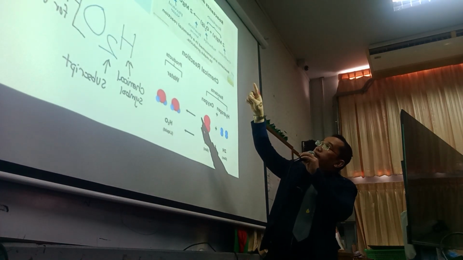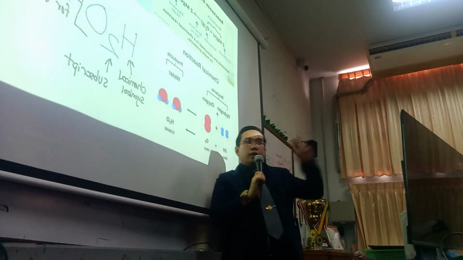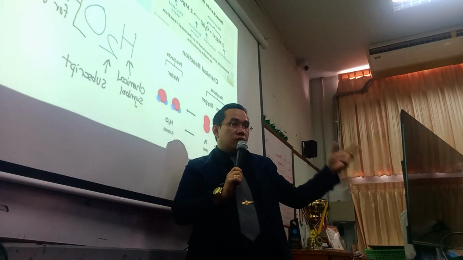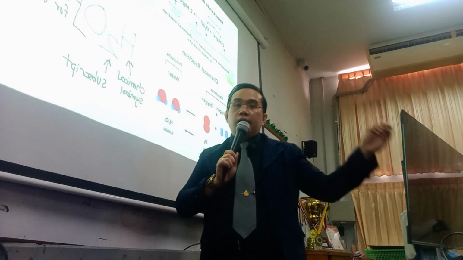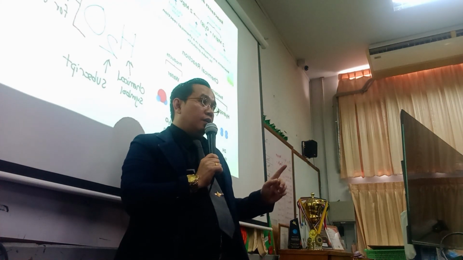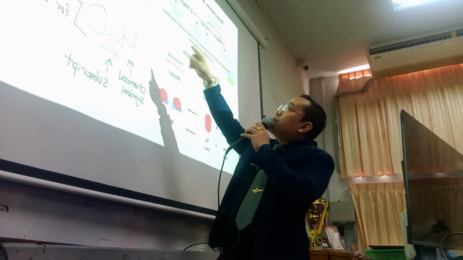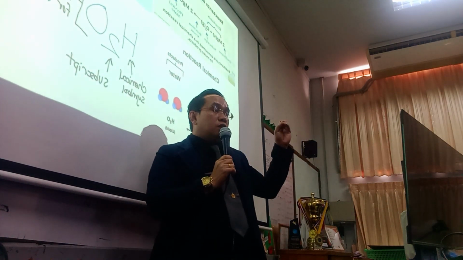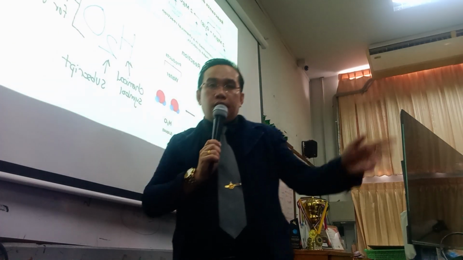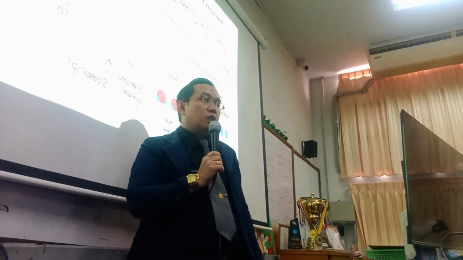So what are reactants and products? The difference between the two: reactants are any ingredients or substances or materials that we start with. You guys understand? When we talk about the product, what is the effect? What is the result right after the chemical reaction takes place?